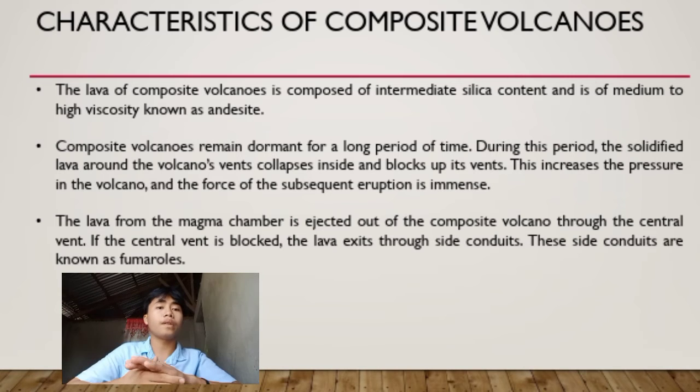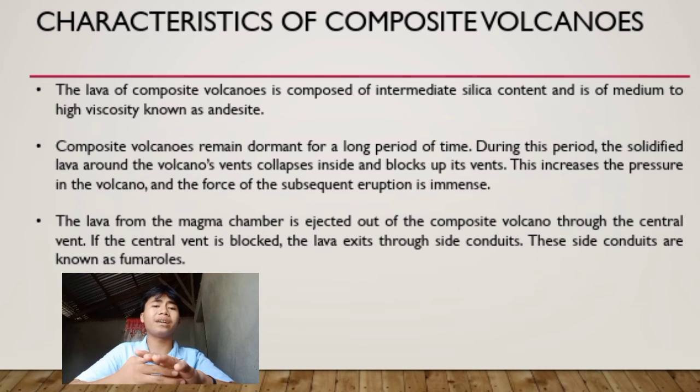During this period, the solidified lava around the volcano's vents collapses inside and blocks up the vents. This increases the pressure in the volcano and the force of the subsequent eruption is immense.